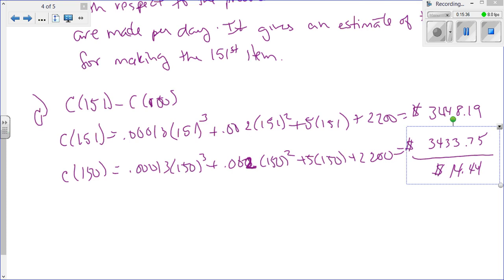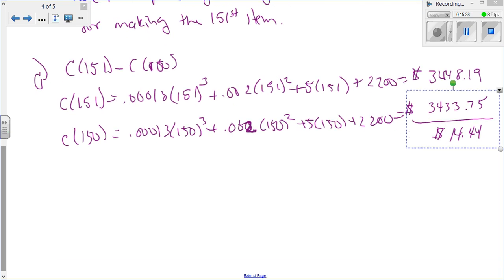And then it said compare this with the answer in B. Well, this gives the actual cost of making the 151st item.